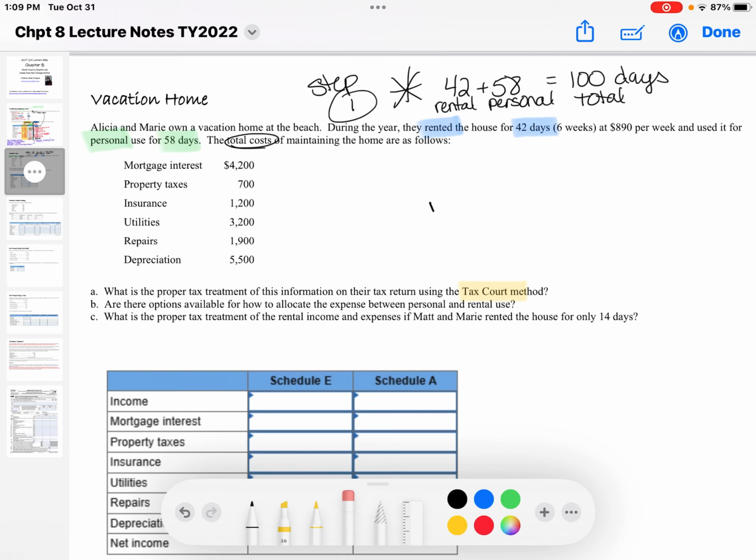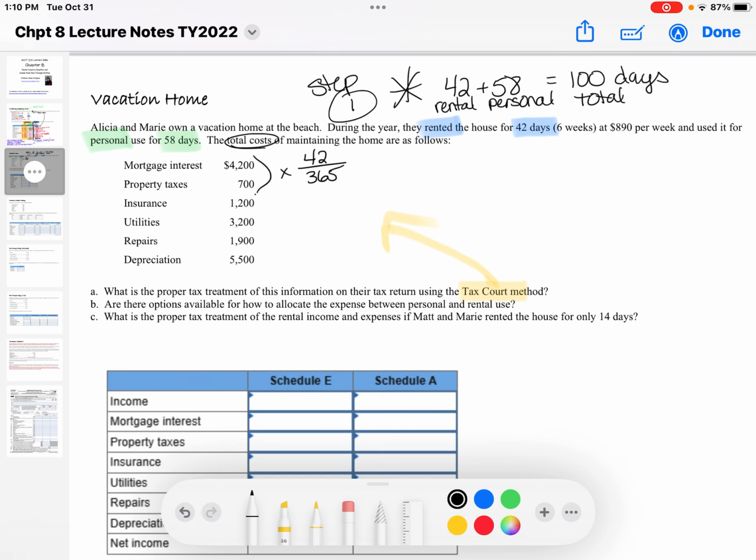So again, what we know about the tax court method is that we have mortgage interest and property taxes. Those two get to have the split of 42 rental days over 365.